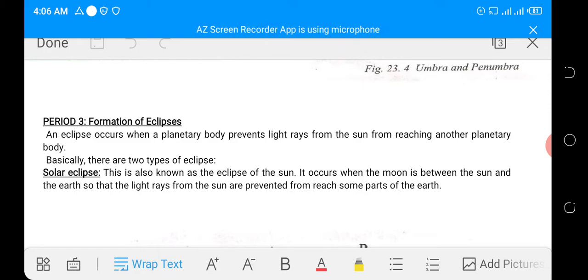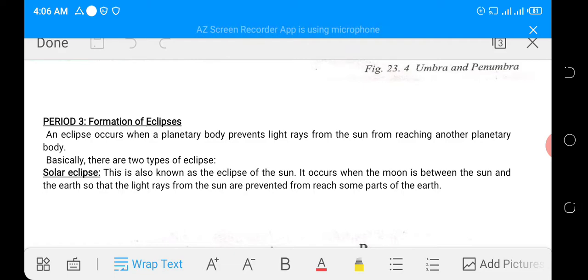Solar eclipse. This is also known as the eclipse of the sun, and it occurs when the moon is in between the sun and the earth, so that light rays from the sun are prevented from reaching some part of the earth.